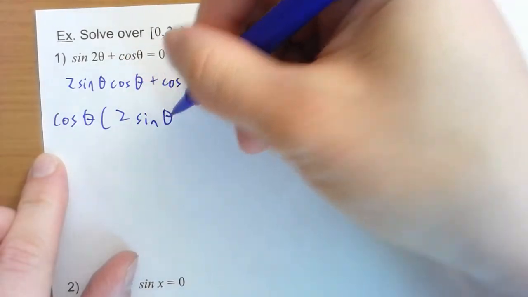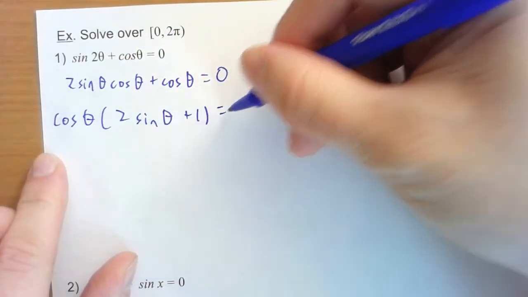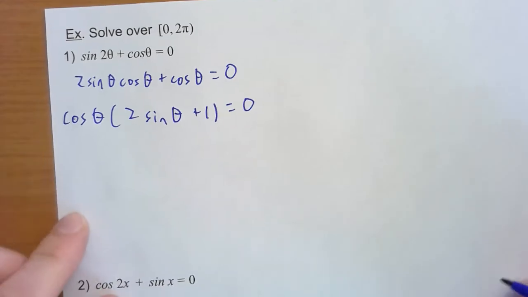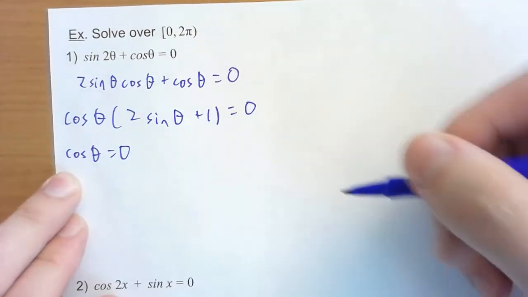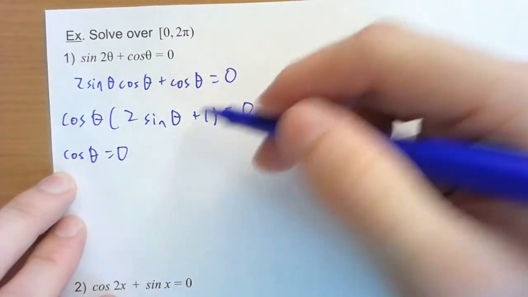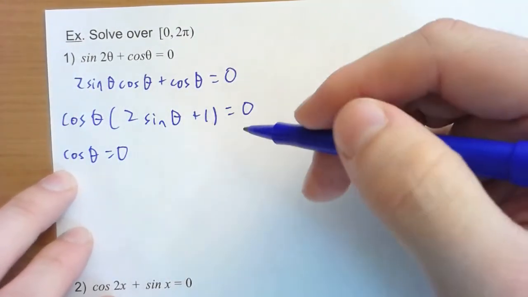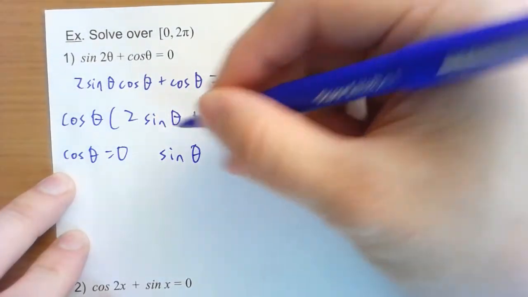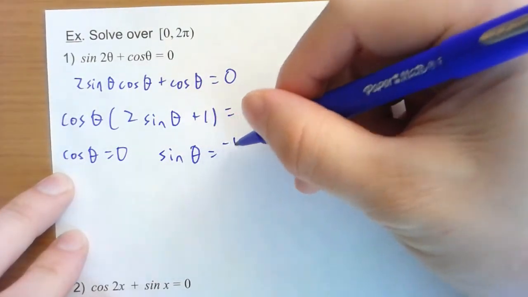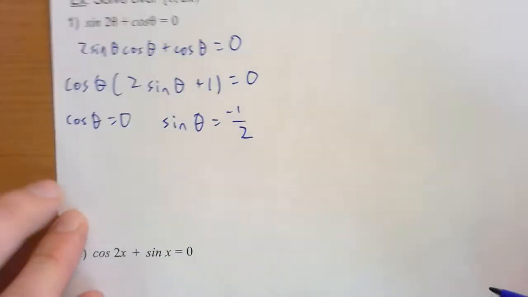We'll have 2 sine theta plus 1 left there. Then we've got our zero product property. Cosine theta equals 0. And if I have 2x plus 1 equals 0, I'll have x equals negative a half. So subtract the 1, divide by the 2, we get negative a half.